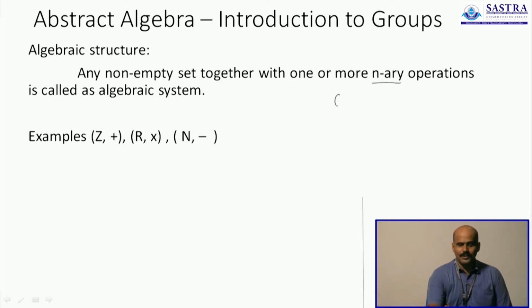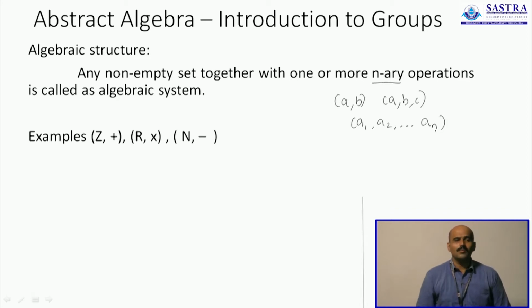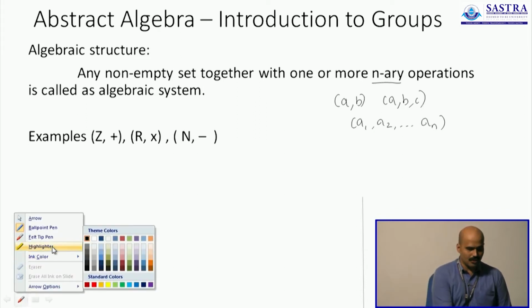A 2 tuple is an ordered pair A comma B. A 3 tuple is A, B, C. An n tuple is A1, A2, etc. An. So any such operation which takes in either 2 operands or 3 operands or n operands is what is required for an algebraic structure.